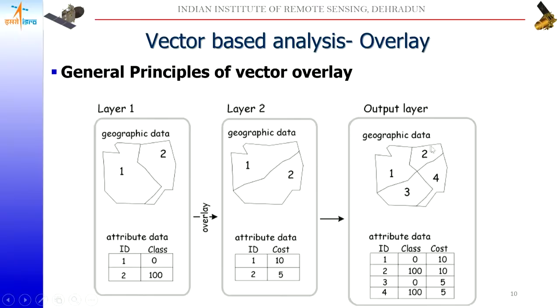Similarly, if you go to polygon 2 in the output layer, the class is 100. Why? Because it is extracting that information from polygon 2 in layer 1, and since it is coming in this portion, it will be extracting the cost attribute, which is 10 in the case of polygon 1. So like this we can compute the other attribute information.